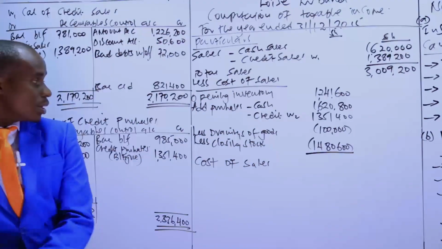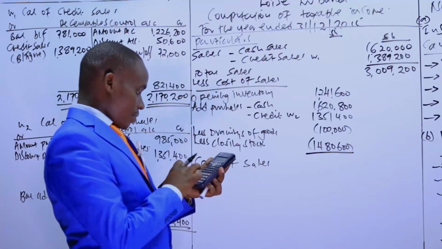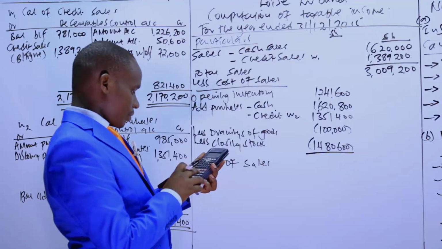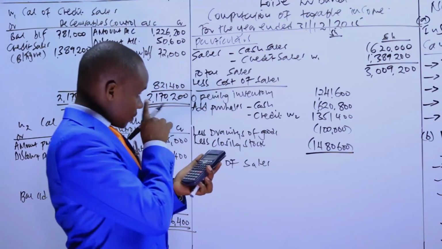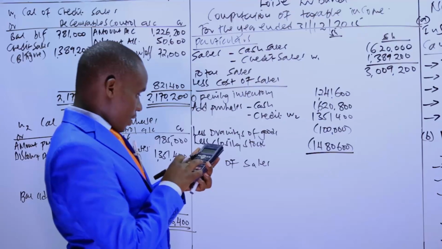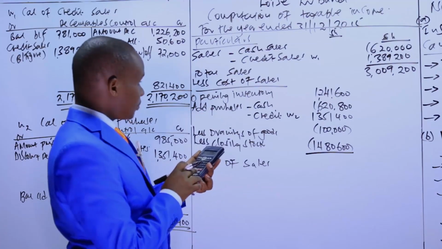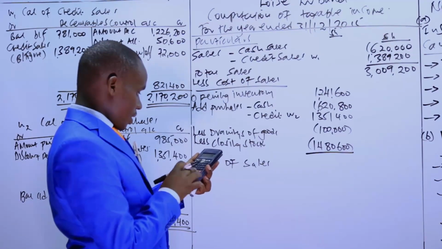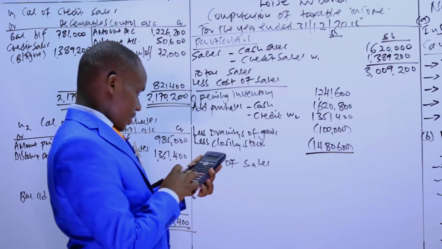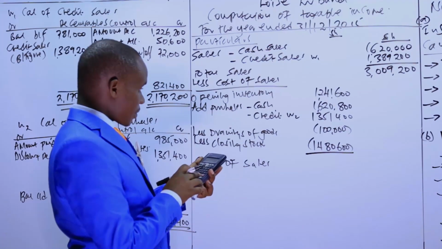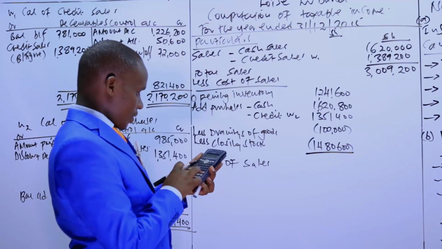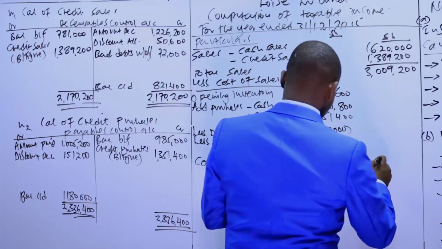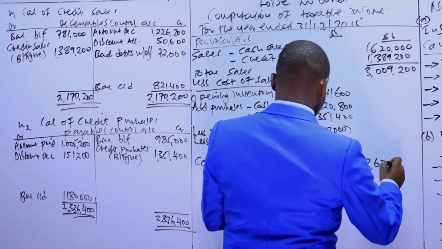This will be 1,241,600 plus 1,620,800 plus 1,351,400 minus 100,000 minus 1,480,600. So we get 2,633,200.